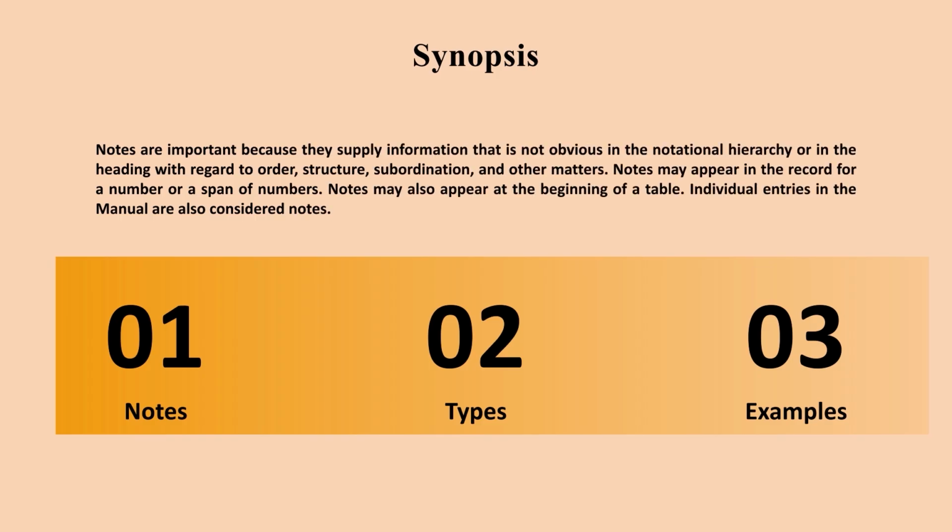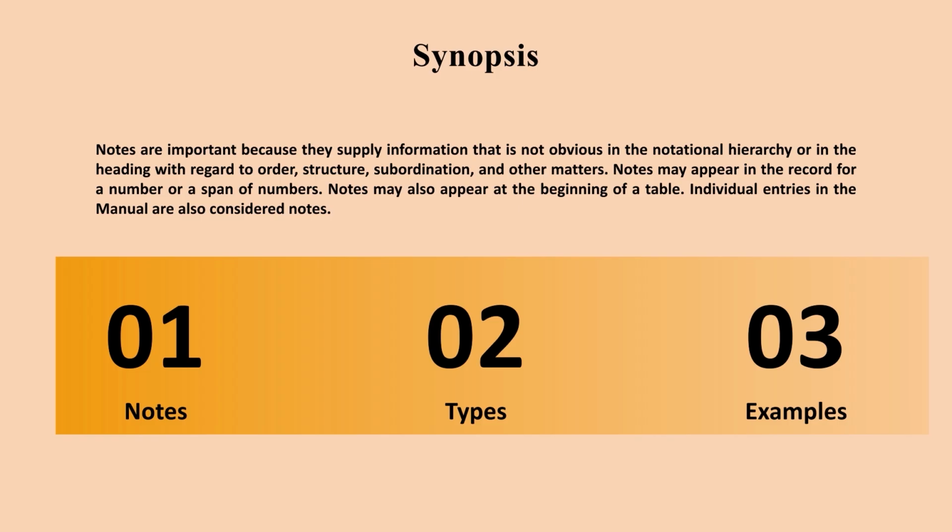Notes are important because they supply information that is not obvious in the notational hierarchy or in the heading with regard to order, structure, subordination, and other matters. Notes may appear in the record for a number or a span of numbers. Notes may also appear at the beginning of a table. In individual entries in the manual, we also find notes.